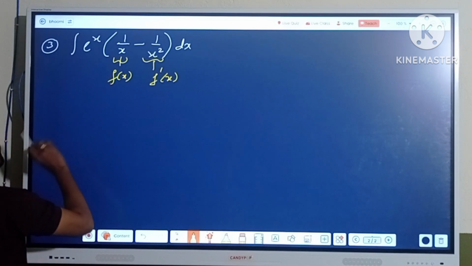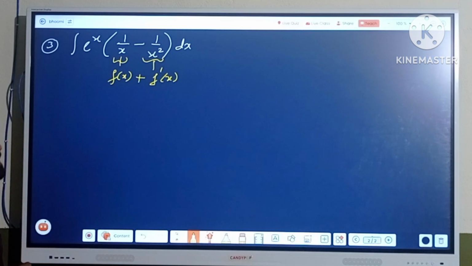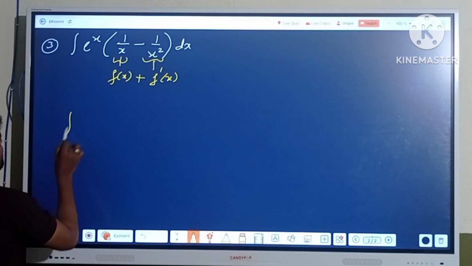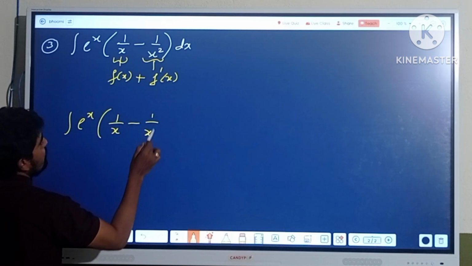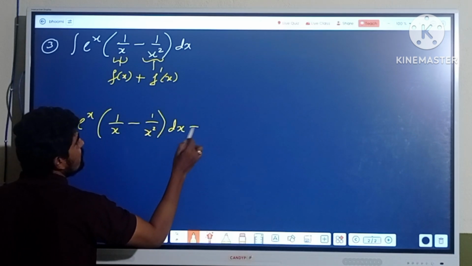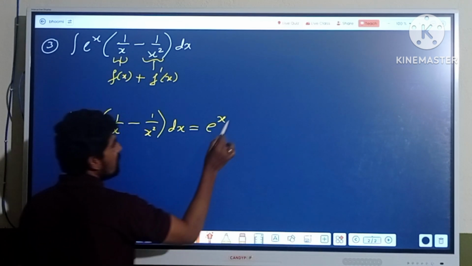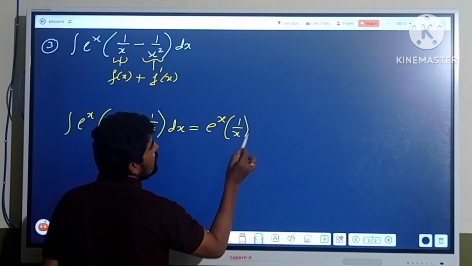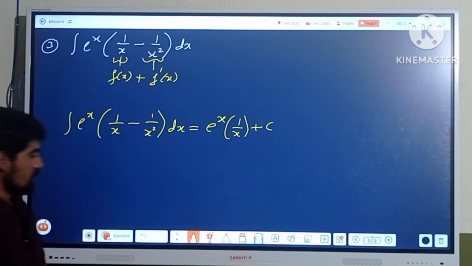Therefore, it is also of the form integration of e power x into f x plus f dash x. So directly we can write its answer: integration of e power x into 1 by x minus 1 divided by x square dx is equal to e power x into f x, what is f x? 1 by x, plus integral constant c. I hope all of you understood.